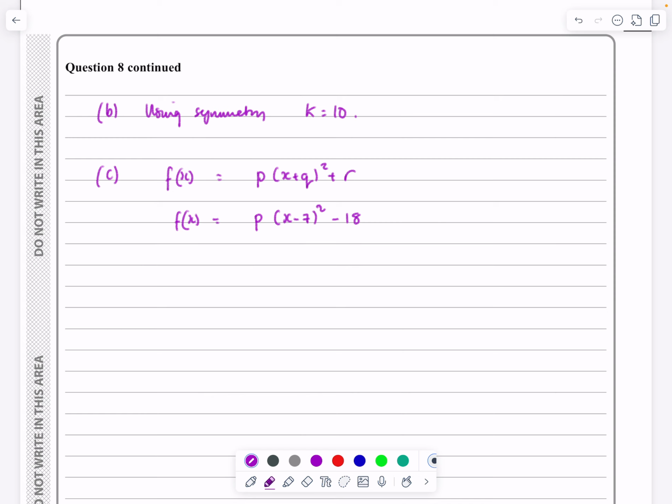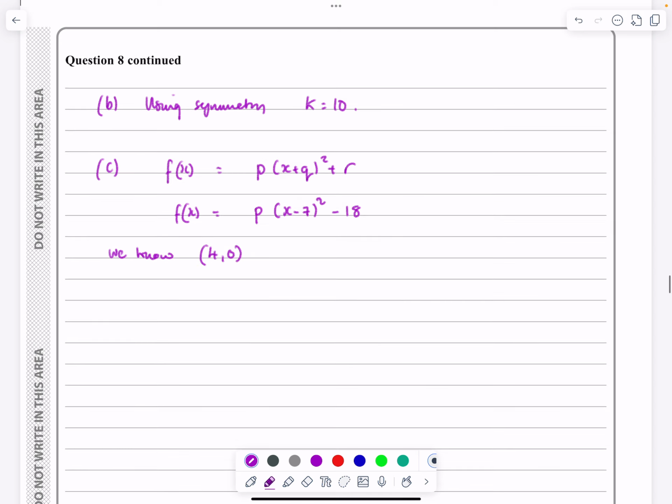And then we also know points on the line. We know the point (4, 0). So if we know the point (4, 0), we know that f(4) is equal to 0. So we know that p lots of (4 minus 7) squared minus 18 is going to be equal to 0 there.